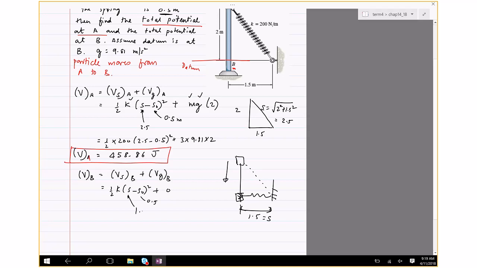So this is half times 200 times 1.5 squared minus 0.5 squared, so VB is 100 joules.